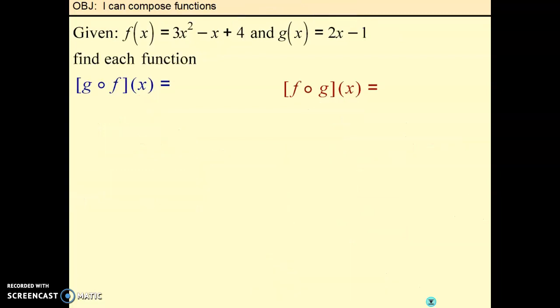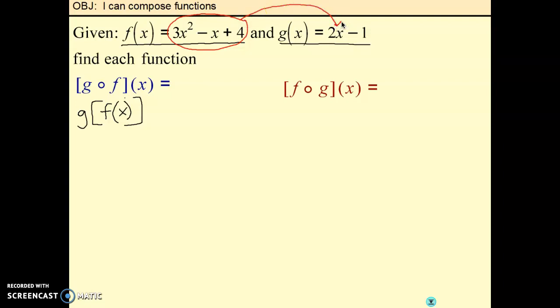All right, again, since you're taking your own notes, if you want to pause and write down our two new functions, here's our f function and here's our g function. Let's start with g of f of x. So let's start by taking the f function, so taking all of this and plugging it into the g function.